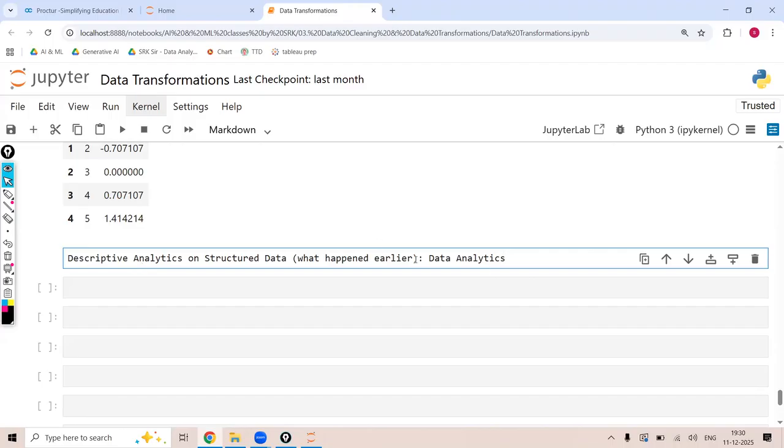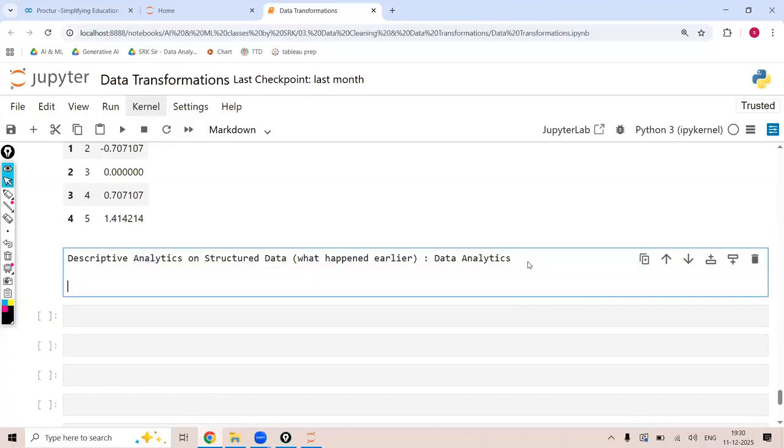So a data analyst will do the 4th step with data analysis. Now, if you are applying predictive analytics on structured data, what will happen?